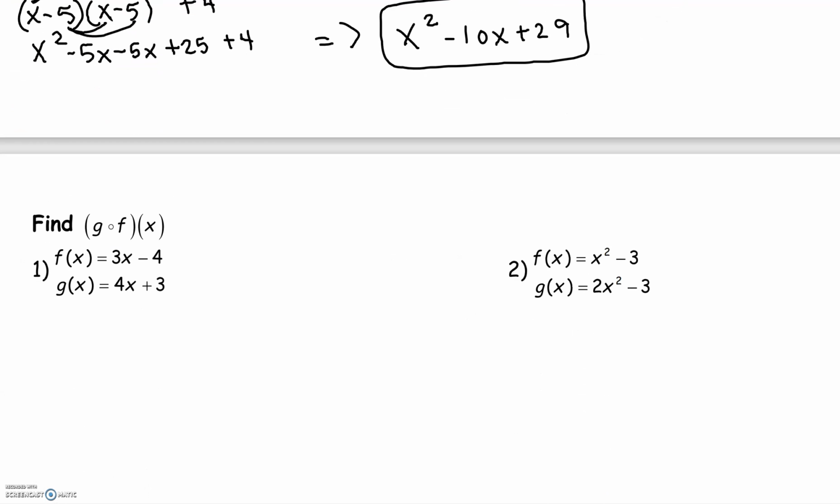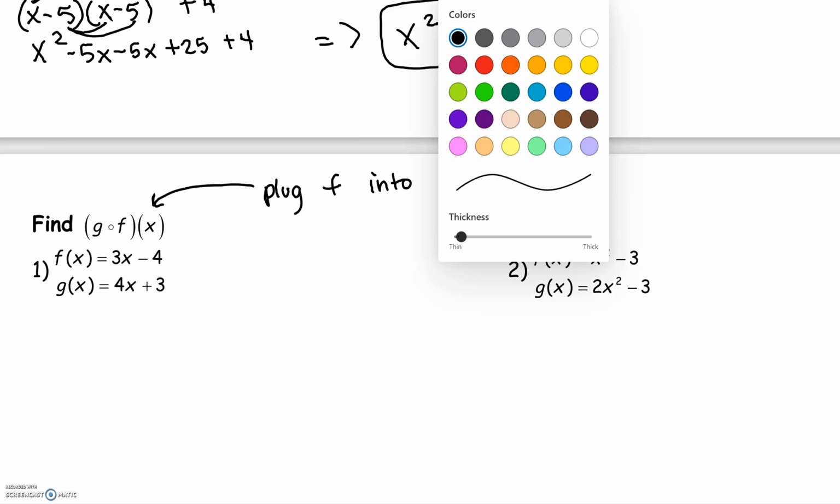All right, so now we are going to see g of f of x, which means we're going to plug f into the g function. All right, so let's write out our g function.